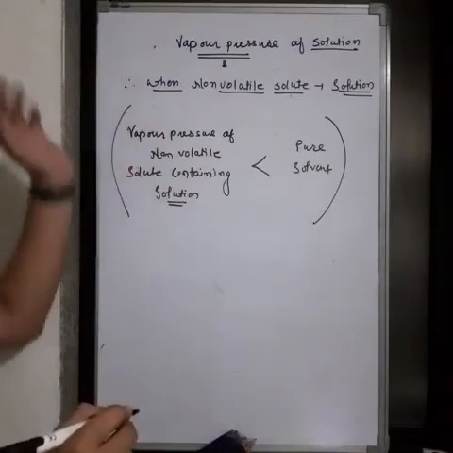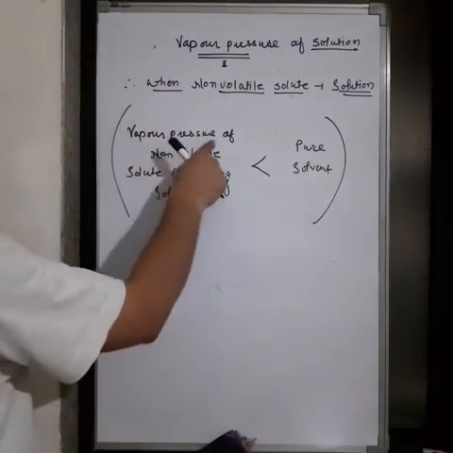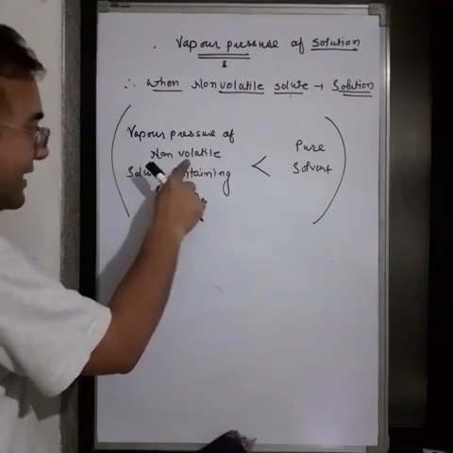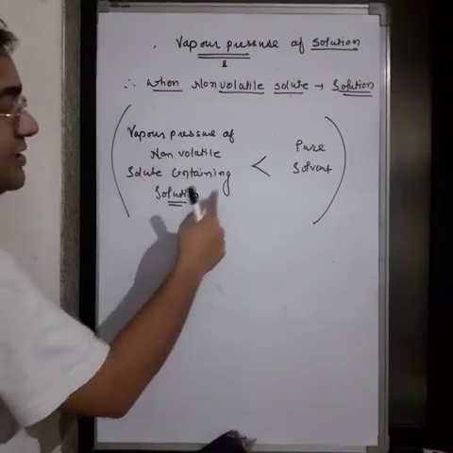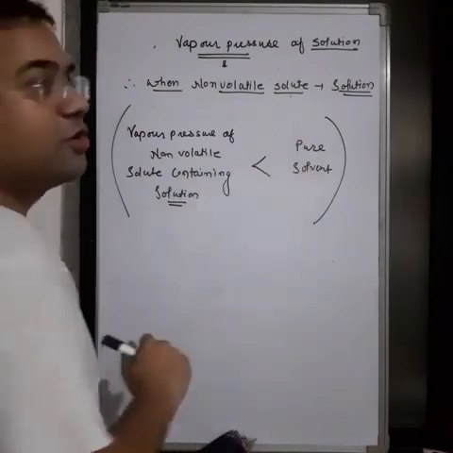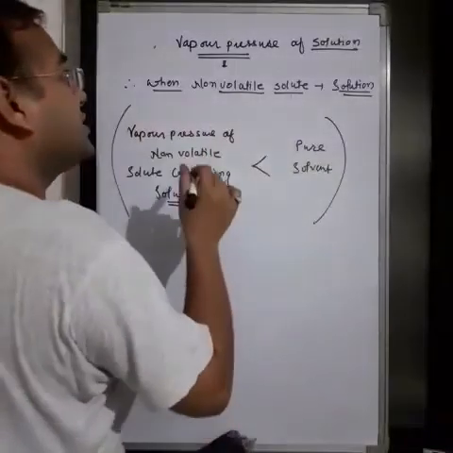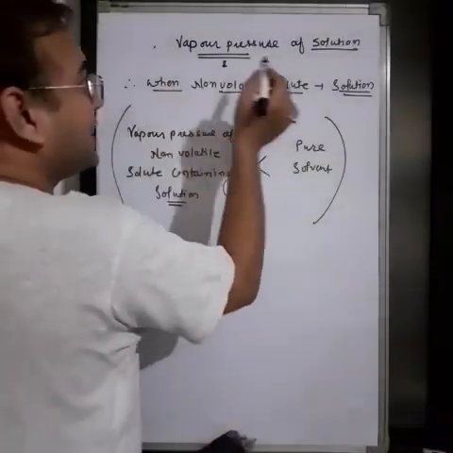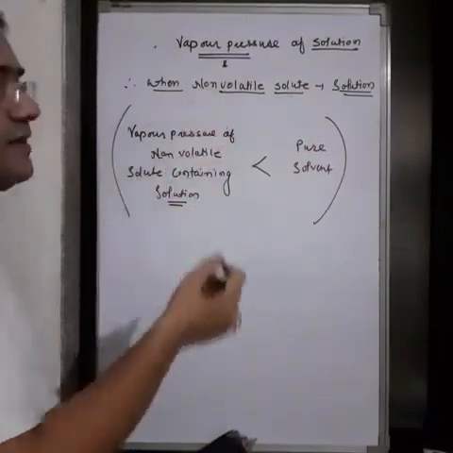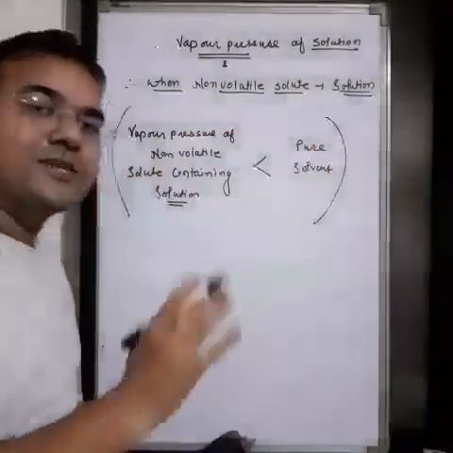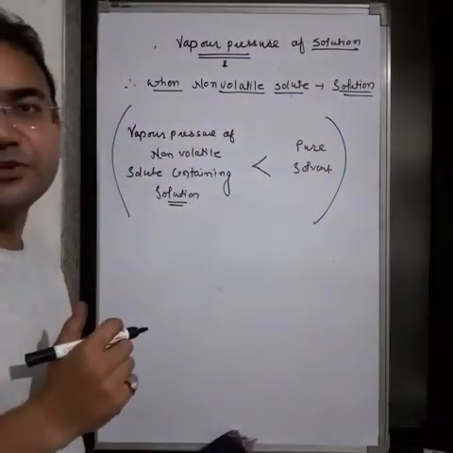While in the earlier case, vapor pressure of volatile solute containing solution is greater than pure solvent. So this is the effect on the vapor pressure in case of volatile solute and non-volatile solute. Thank you.